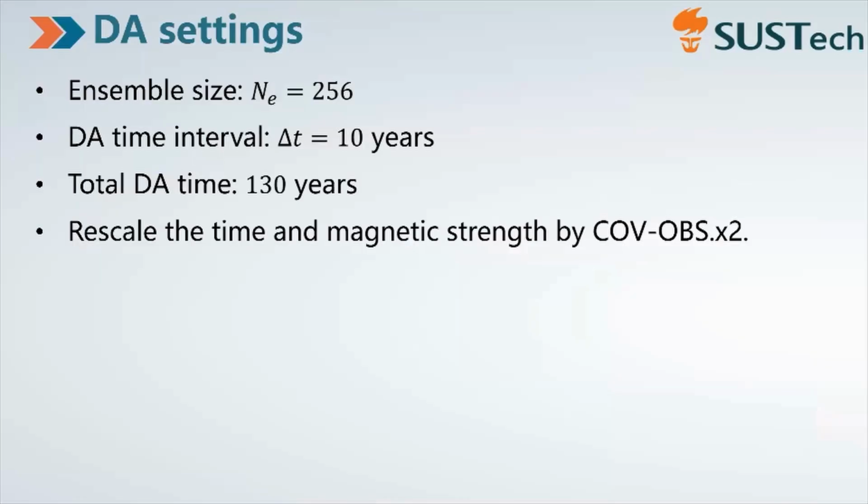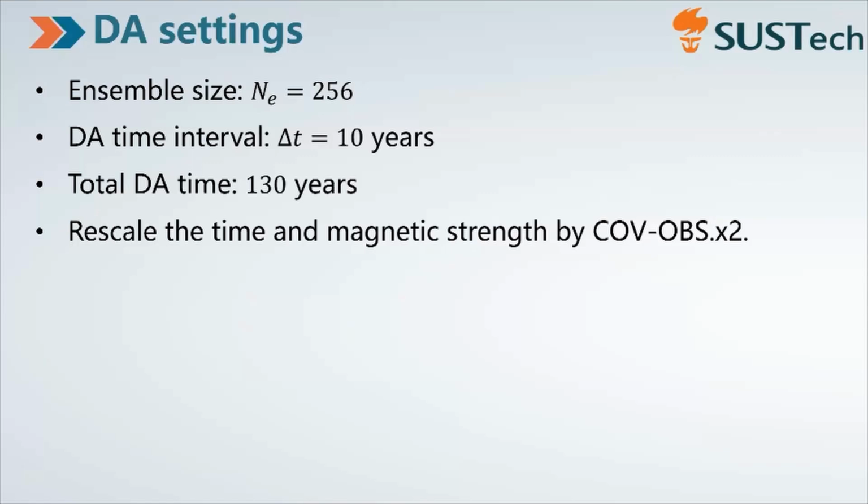For the data assimilation, we need to set up some parameters. The ensemble size is 256, we do assimilation every 10 years, and we do the simulation over a timescale of 130 years.